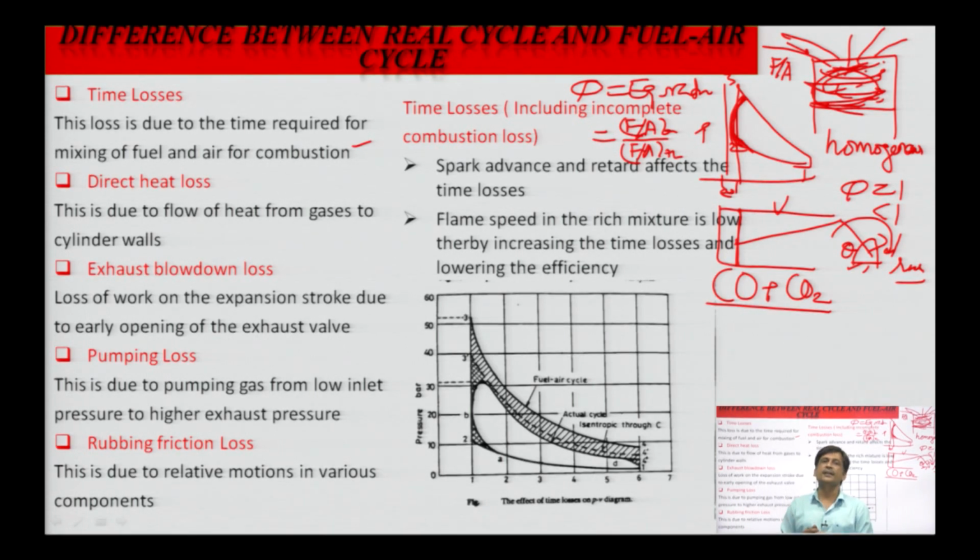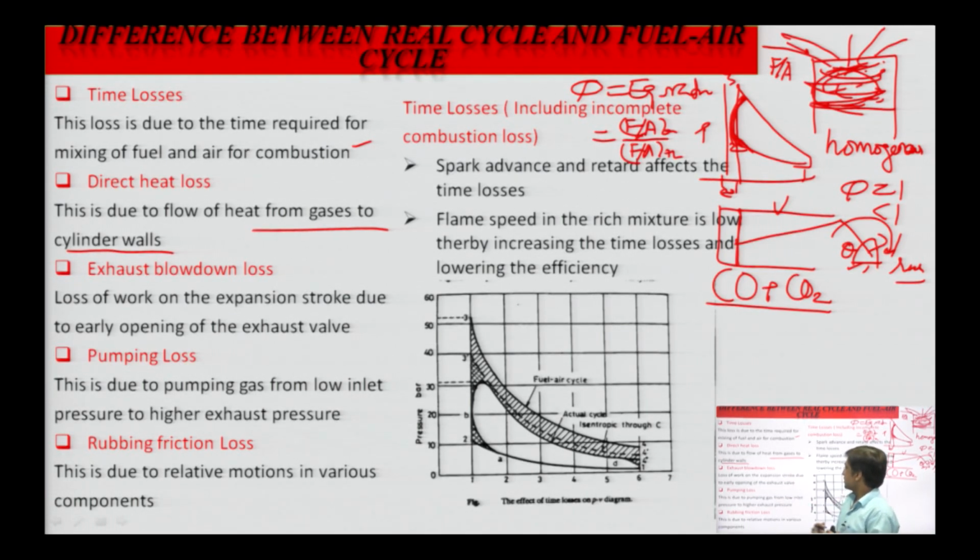Here we will consider that, because heat is lost from the piston head, the cylinder walls, and the cooling water jackets, and there are some radiation losses also. If we consider these heat losses, then the actual cycle will be formed. So, direct heat loss is due to the flow of heat from gases to the cylinder walls.